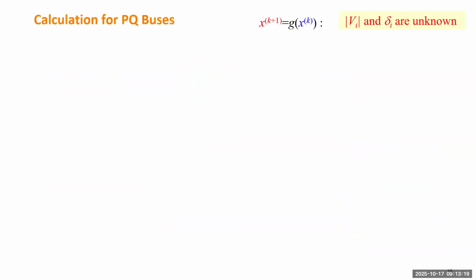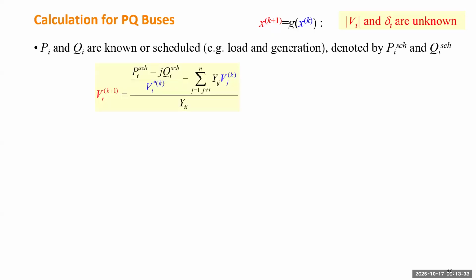We went through the different types of buses, starting from PQ buses, which are load buses in general. The voltage magnitude and angles are unknown for those buses, and we only have this formula. You just start from an initial guess, and then start iterations.